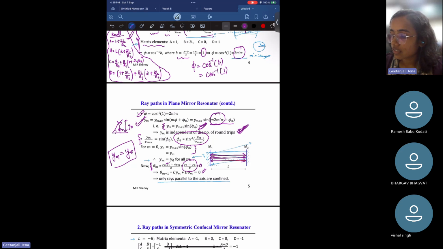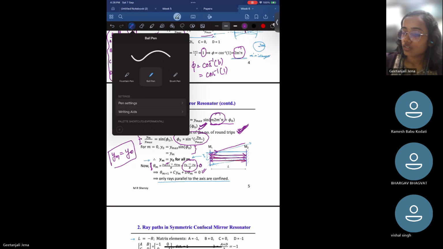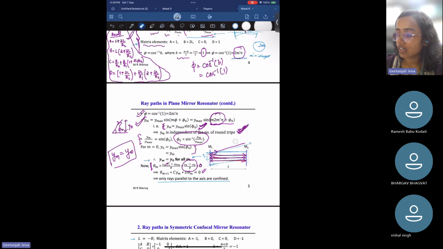Other than this ray path, if the ray makes any small angle, what will happen? It will eventually escape out after a few oscillations. So that is why this is not an allowed ray path in a plane mirror resonator.